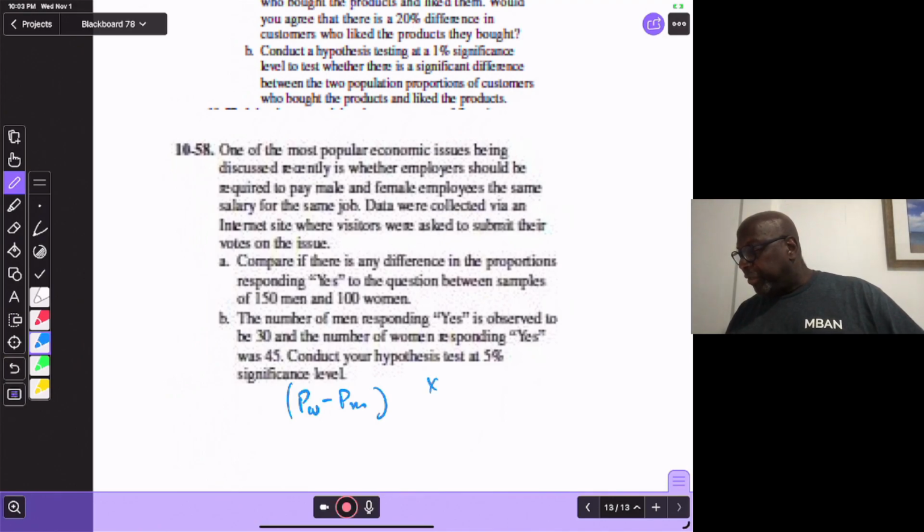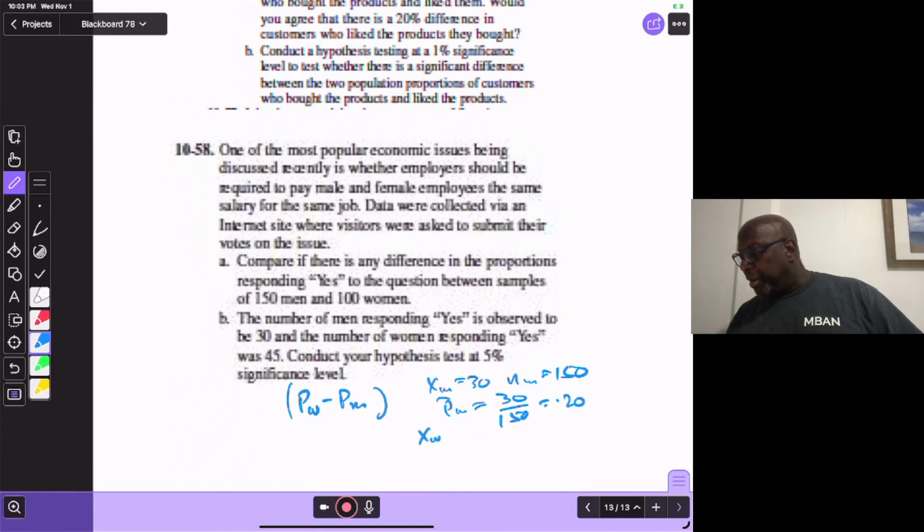We know X for men is 30, and n for men is 150, which gives us P bar for men is 30 over 150, which is 1/5, which is 20%.